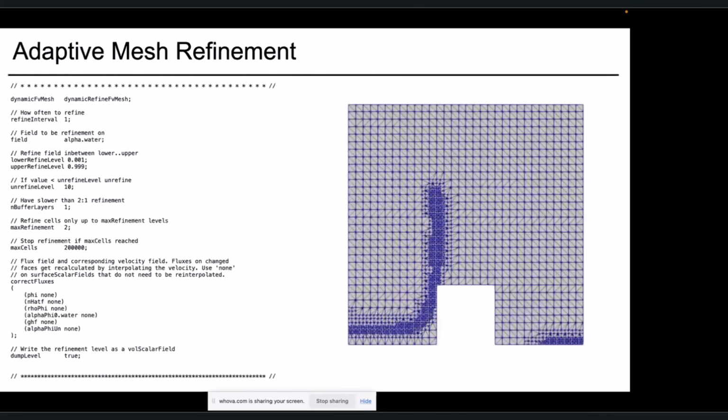And we have other nitty-gritty details which are not very important, but the most important is the maximum cell count. If you really want to limit a threshold to the refinement and unrefinement level, you can use the maximum cell limit also.